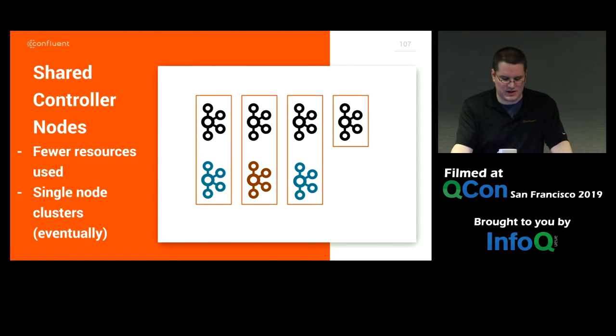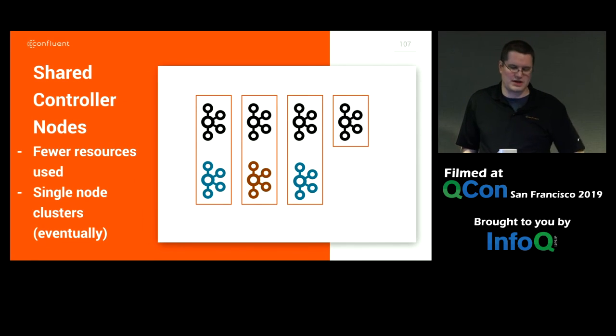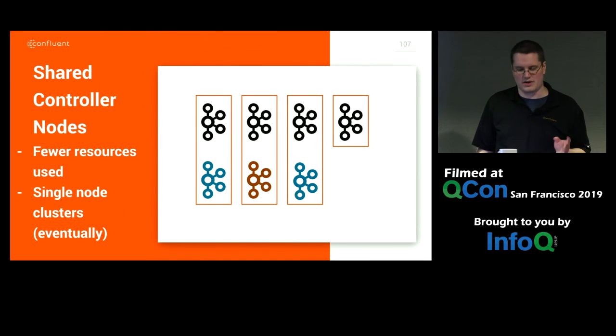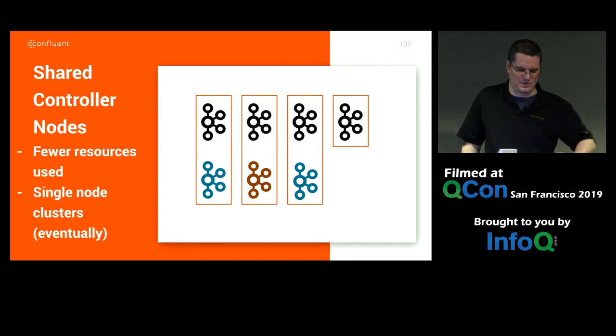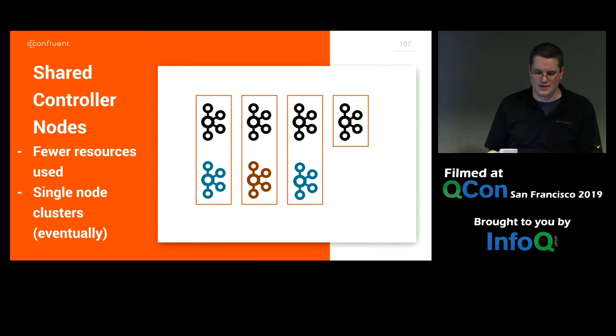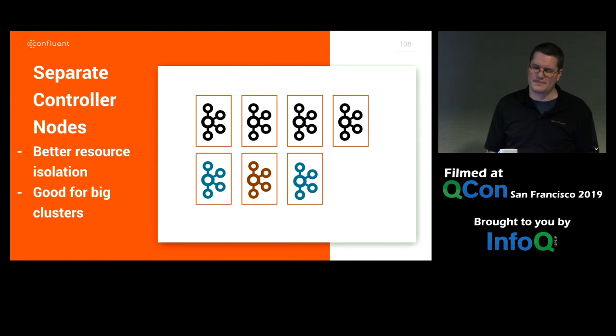So when we talk about how controller nodes are going to be deployed, there's actually two options that we're going to support. One of them is a shared controller node, where the controller is actually co-located with the broker. And this is kind of similar to what we have now, where a node that is a controller also has broker duties associated with it. The other option that we're going to support is having separate controller nodes.